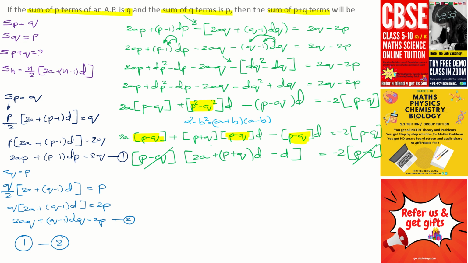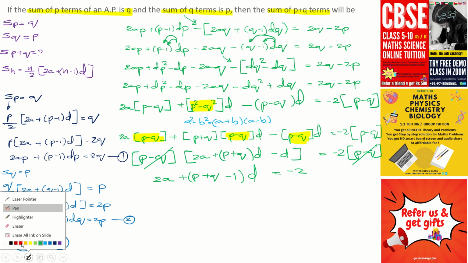So what can you write here? This can be written as 2a plus p plus q minus 1 into d, equal to minus 2. So this is the final result of doing the equation 1 minus 2.